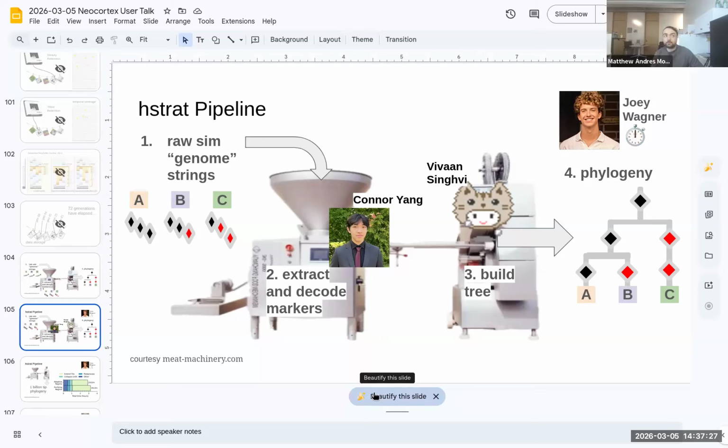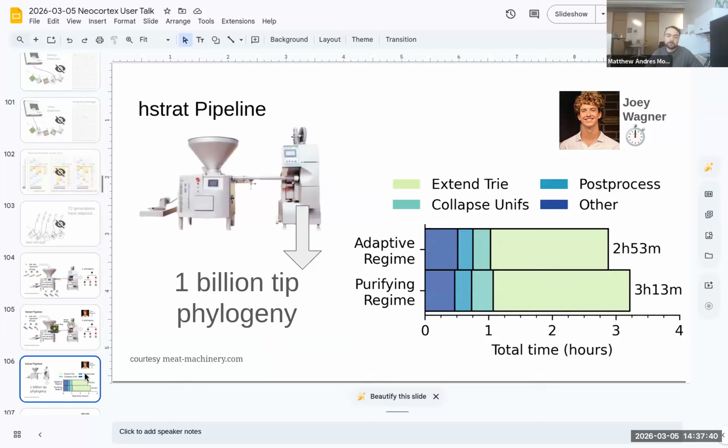Vivaan Singhvi has worked on the tree building algorithm from those markers, and then Joey Wagner over at MSU has gone through to benchmark and profile this phylogeny building pipeline.